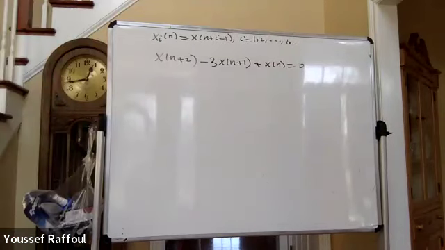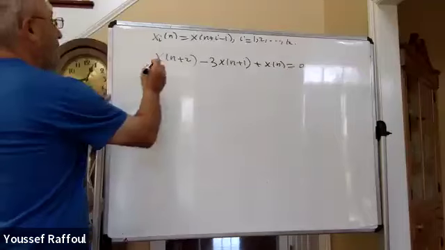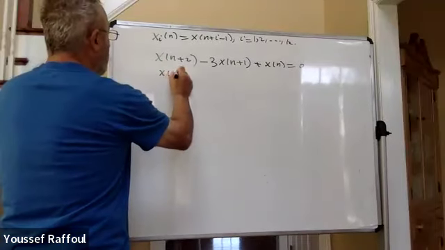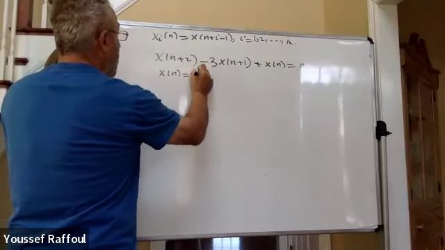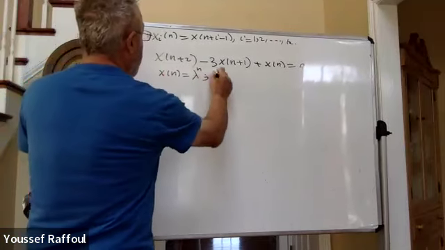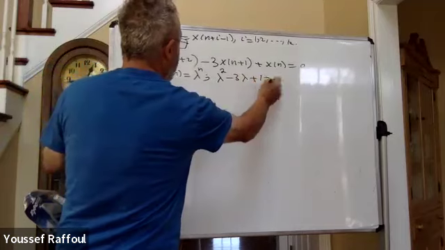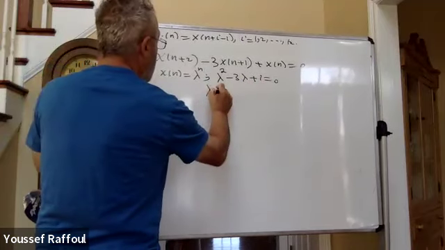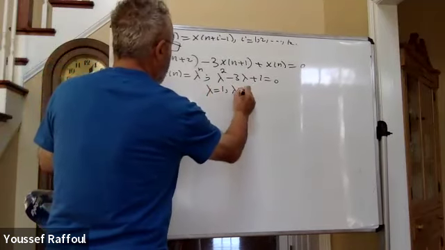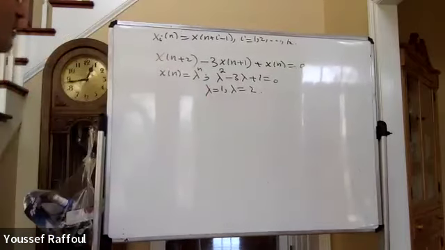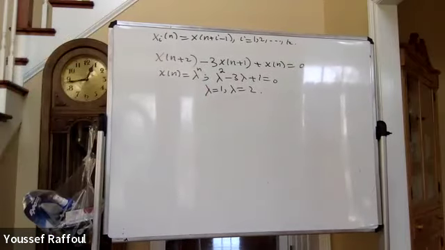Let's take a look at the system. Now, how would you solve it? If you look for x of n equal lambda to the power n, then this will be lambda squared minus 3 lambda plus 1 equals 0, and you get lambda equals 1, lambda equals 2, correct? Do you see what happened here?